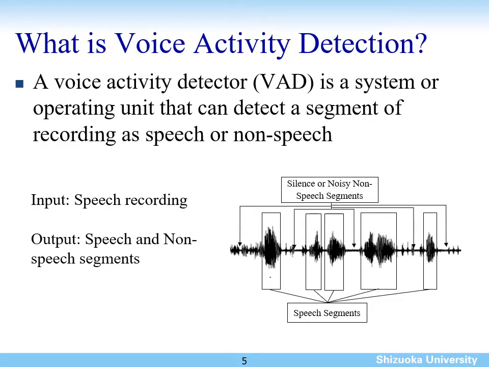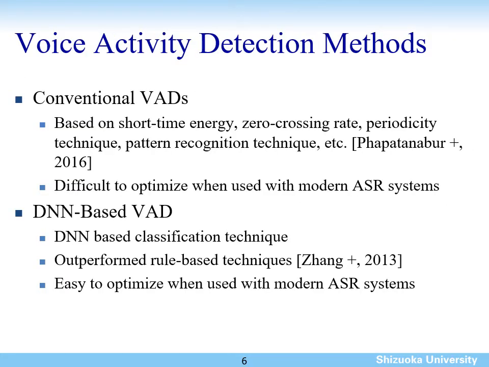I have mentioned VAD before, but what is a voice activity detector? A voice activity detector or a VAD is a system or operating unit that can detect a segment of recording as speech or non-speech. VADs can be loosely divided in two groups, conventional and modern VADs.